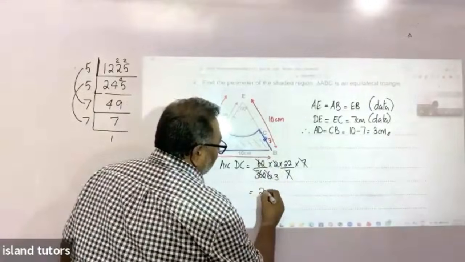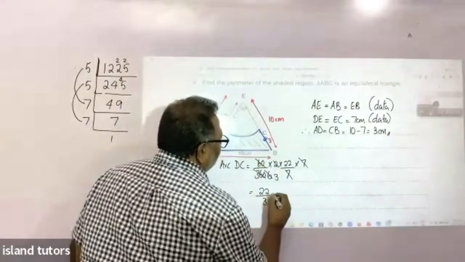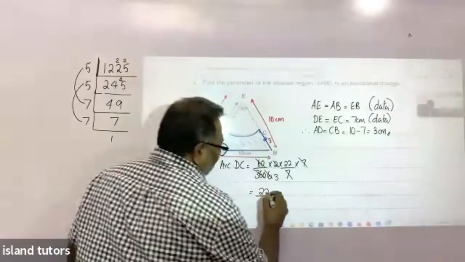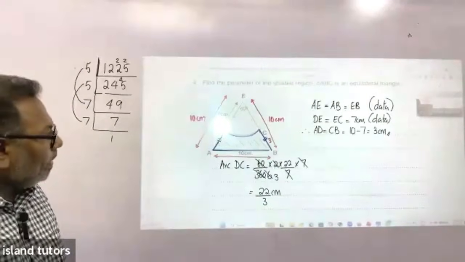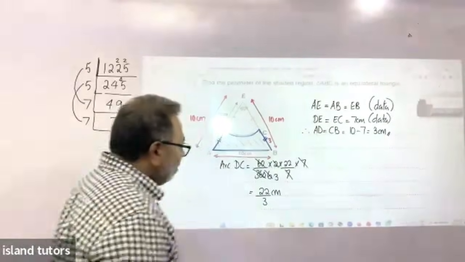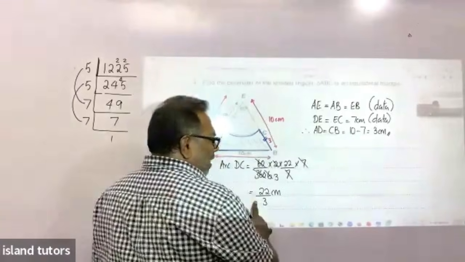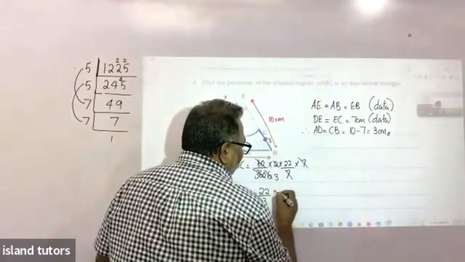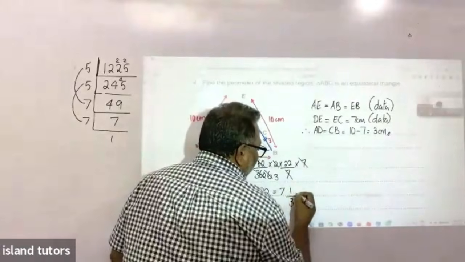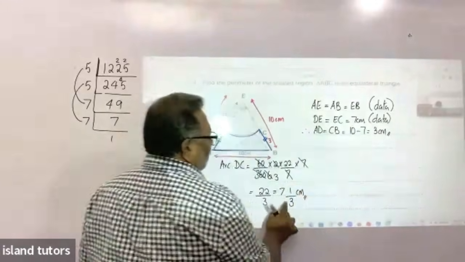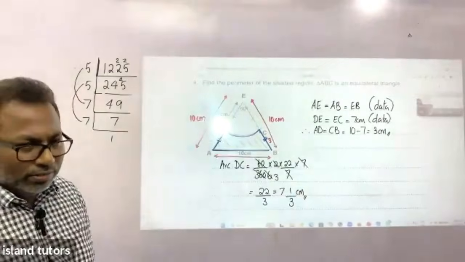So you have 22 over 3 centimeters. So what is going to be your perimeter then? 22 divided by 3 is 7 remainder 1. So 7 and 1/3 centimeters.